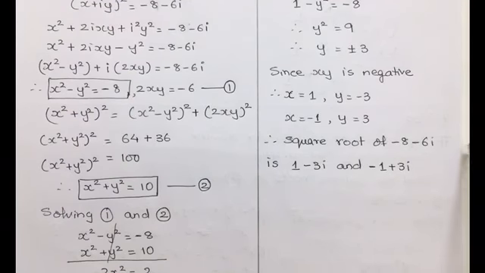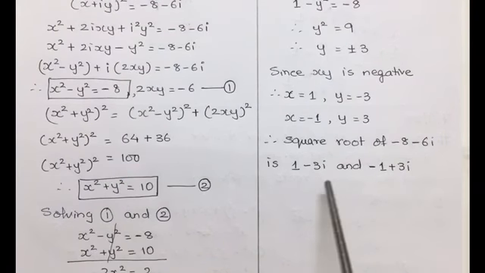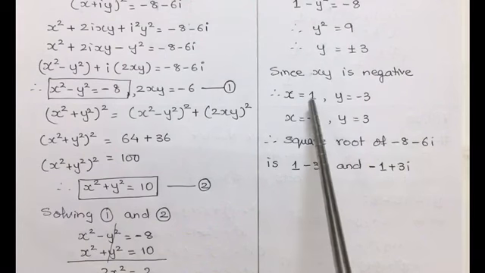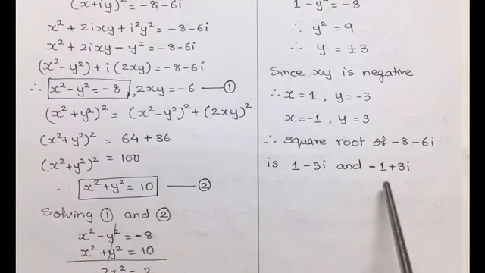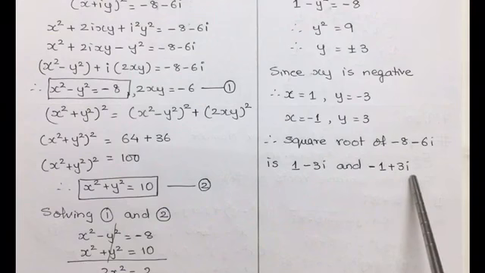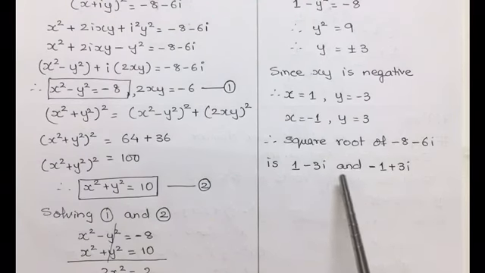Therefore finally calculating the square root of minus 8 minus 6i by substituting the value of x and y, the first square root we got is 1 minus 3i, and second one is minus 1 plus 3i as the value of x plus iy that was assumed in the very first step.